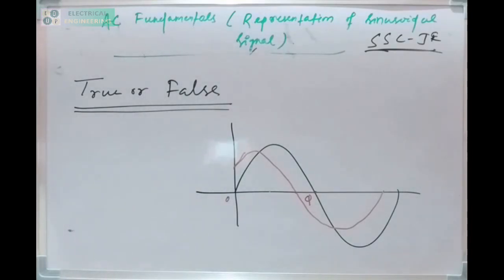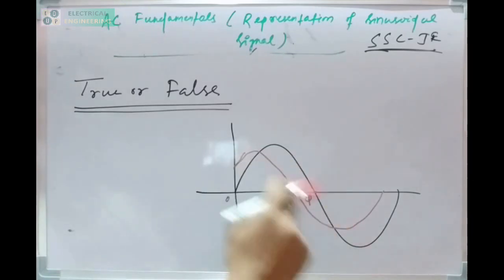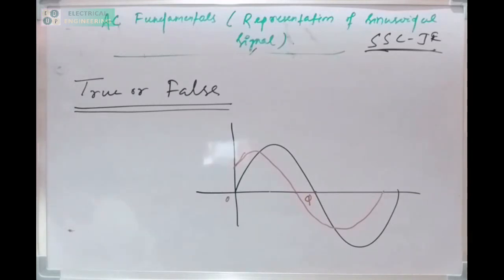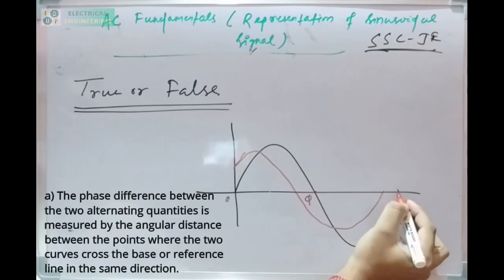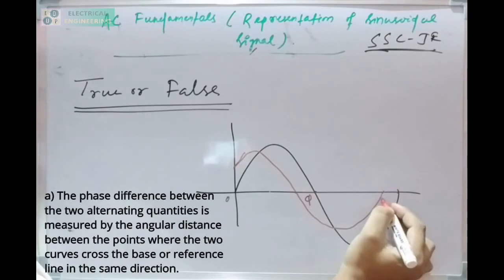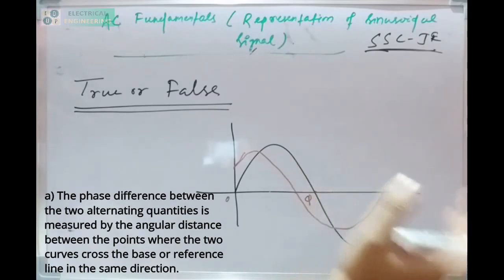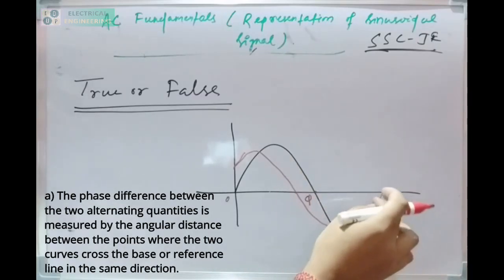Whenever the phase difference between two alternating quantities is measured by the angular distance between the points where the two curves cross the base or reference line in the same direction, both are going to the negative here. In the same way you can get the same phase difference here also. Here both are crossing the same line and going towards positive, so both directions are the same.